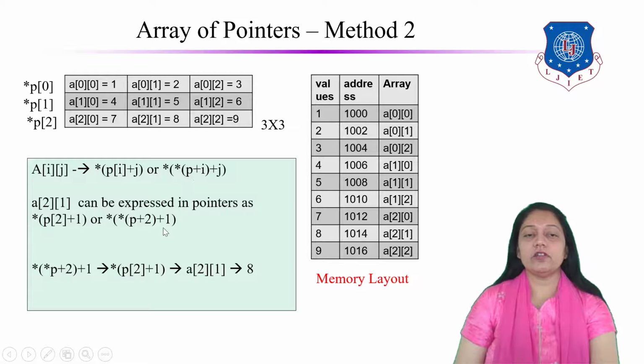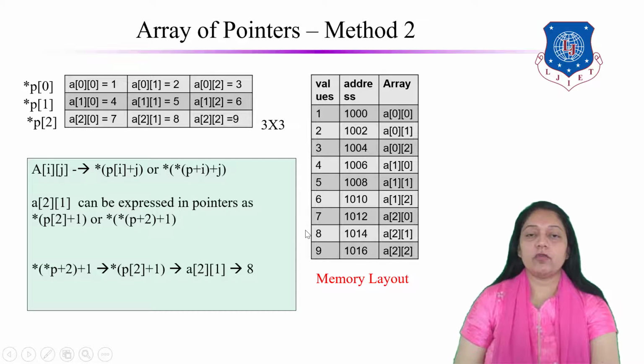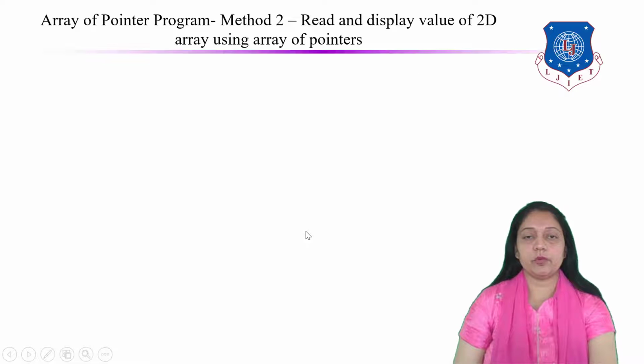Or for the second notation you can write star bracket star p plus 2, which is the third row, plus 1 means the second element of the third row. So if you display using either notation, you will get a of 2 1, and that is the value 8. So this way you can work with an array of pointers for the two-dimension approach.